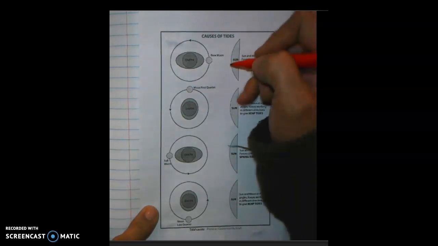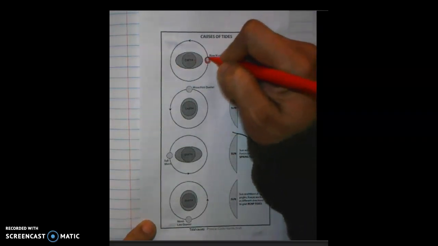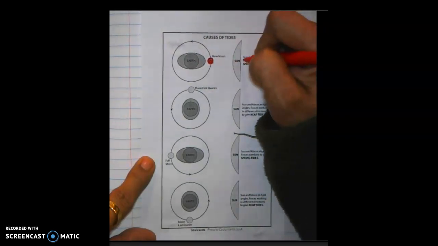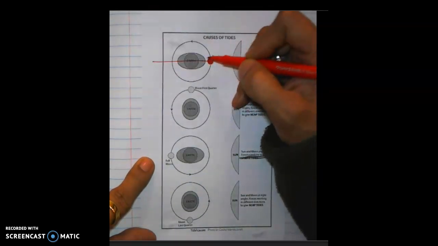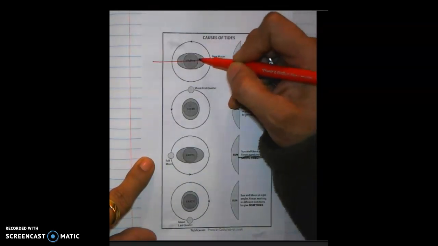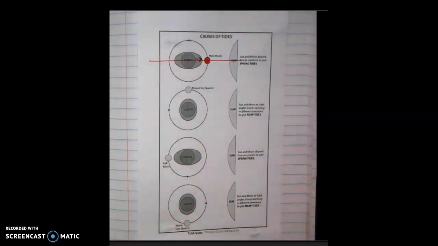The new moon, again, is always going to be between your sun and your earth. So here's our new moon. It'd be completely dark right here. So when it is in a nice straight line like that, we've got the moon pulling on the earth like that. And let's say here's our sun.